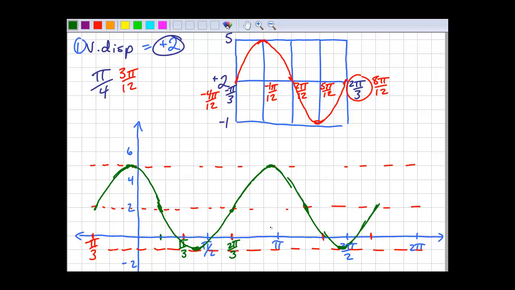So this would be 11 pi over 12, 14 pi over 12, 17 pi over 12, etc.